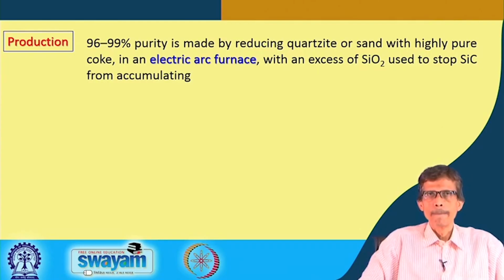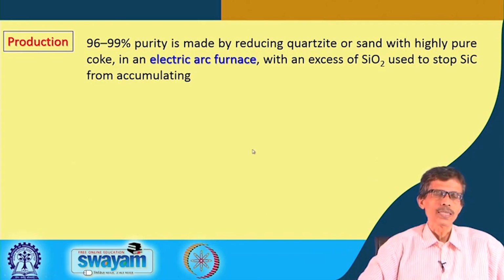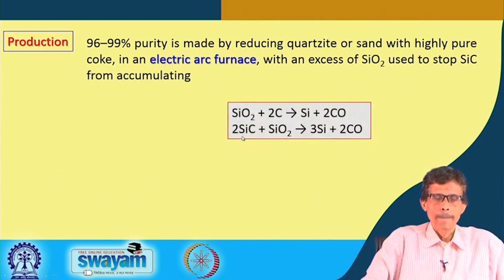If we take SiO2 only, and try to get silicon, production of silicon from sand, not that quartzite cannot also give you silicon of different variety, with highly pure coke, that means a carbon reduction process will again be utilized at high temperature, converting that SiO2 to silicon. So, if we use an electric arc furnace, that electric arc furnace with an excess of SiO2 is used to stop the silicon carbide formation which accumulates in the furnace mixture.